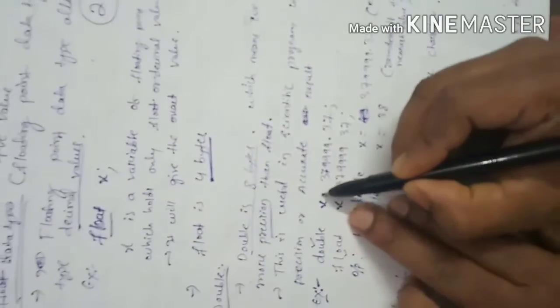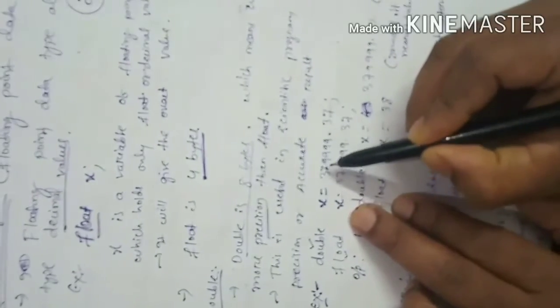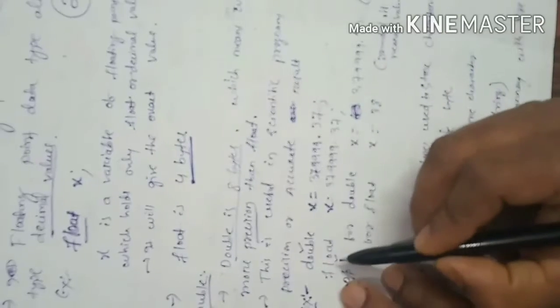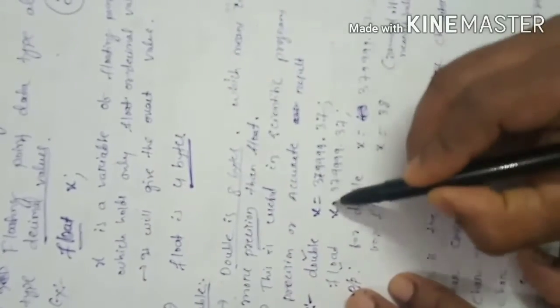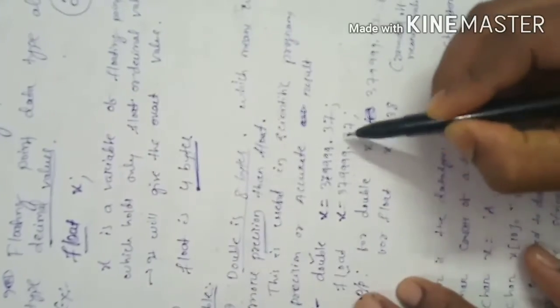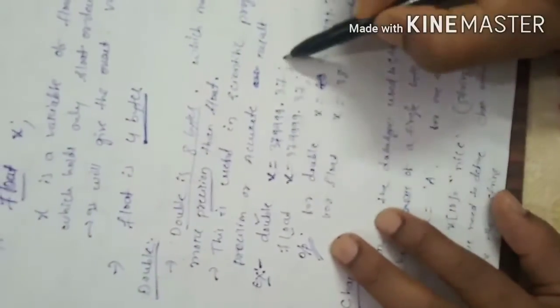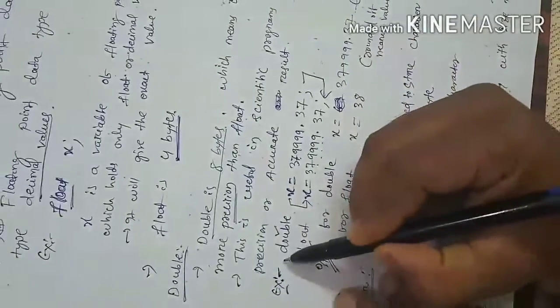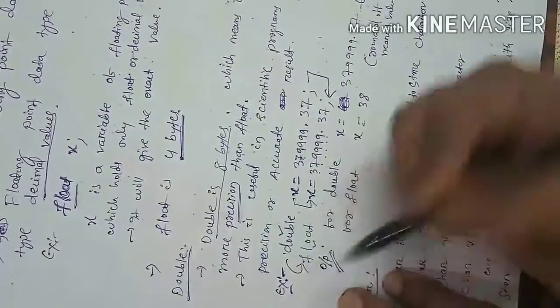See, x is equal to 379999.37, and for float again x is equal to 379999.37. So what will be the output when you calculate during any program by using this same value with same variable, but the data types are double and float.